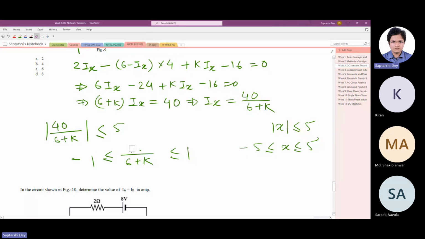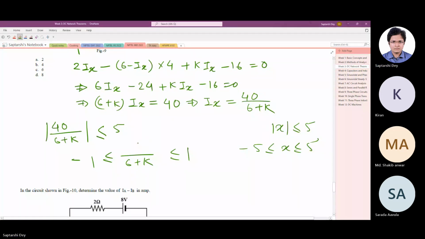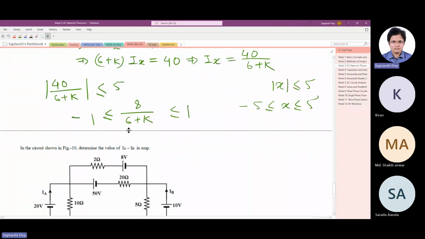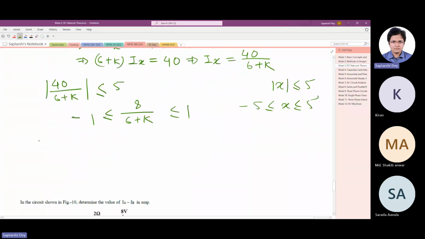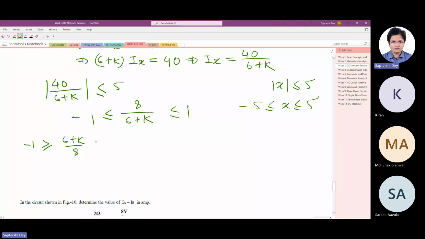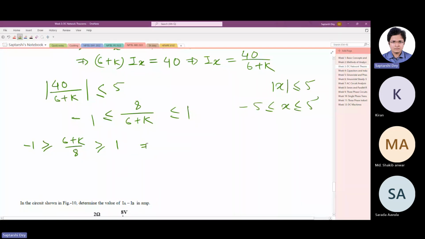This becomes 8. Now minus 1 greater or equals 6 plus k by 8 greater or equals 1. Tell me if I am doing anything wrong.